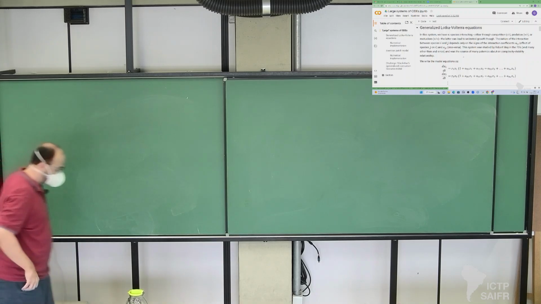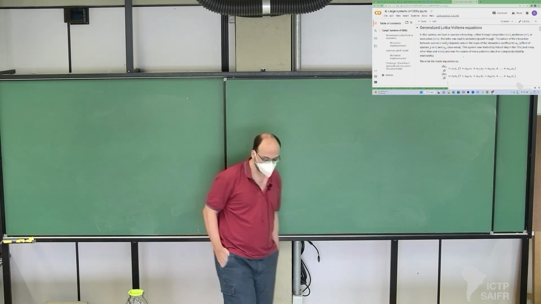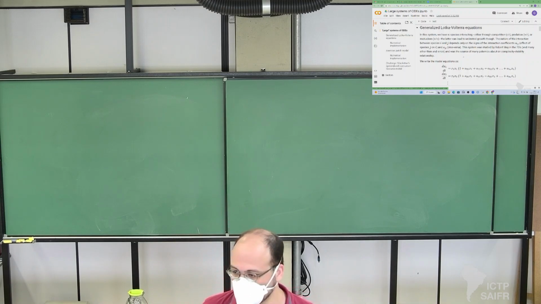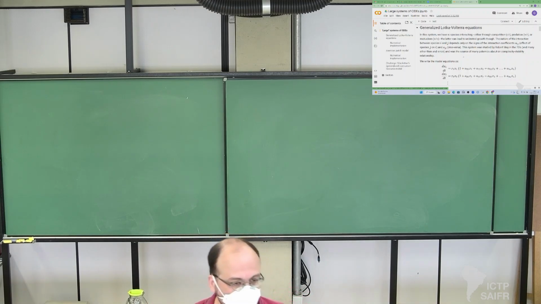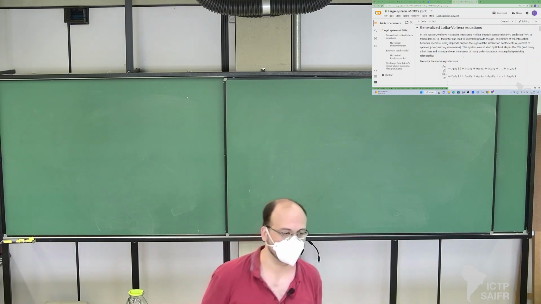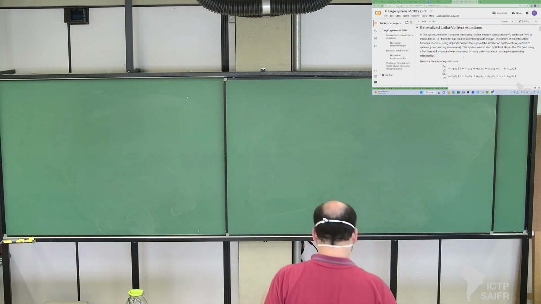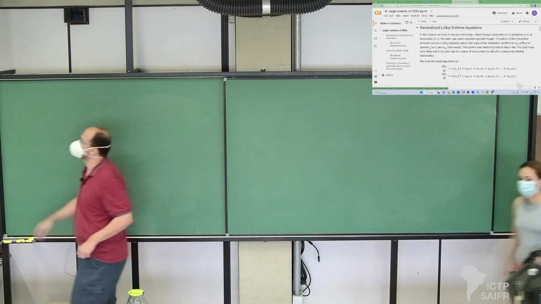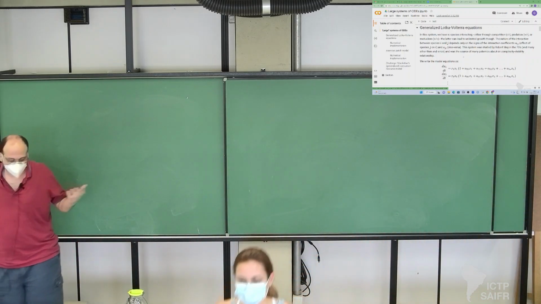So, last class we started working with matrix models. We had thought a bit about how to do operations with matrices, matrix multiplications, and now we are going to use that in order to study something that I call large systems of ODEs.